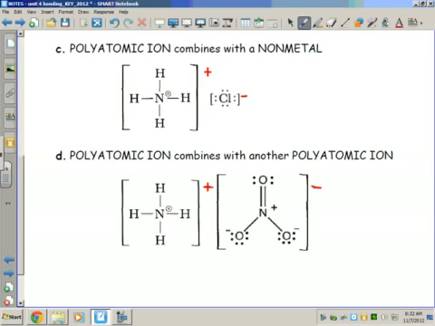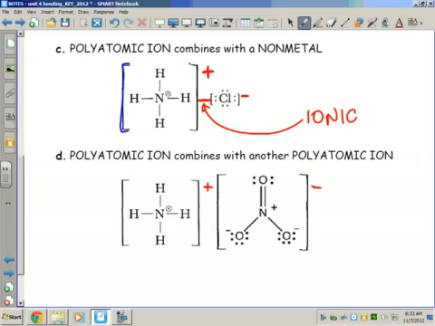In this case, we have a positive polyatomic ion bonded to a negative nonmetal ion. Again, the bond between the 2 of them is a bond between ions, which means it's an ionic bond.